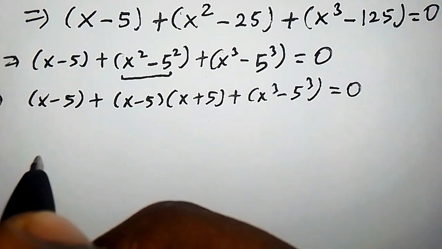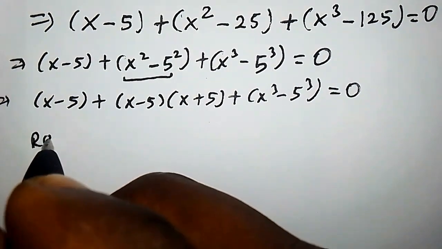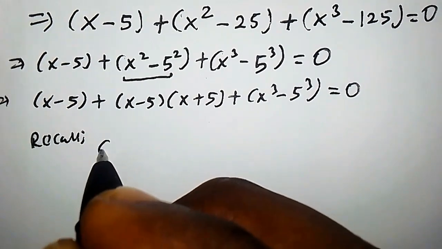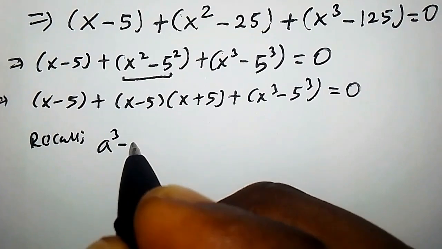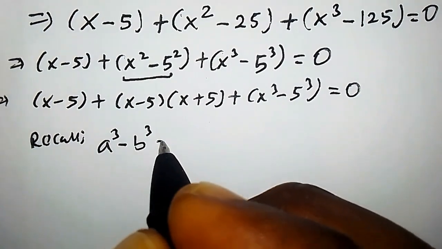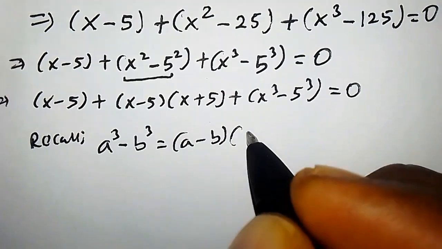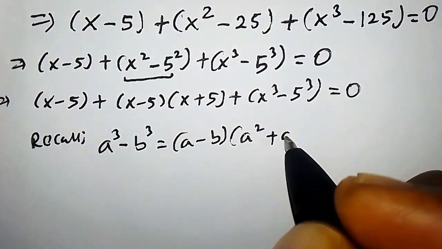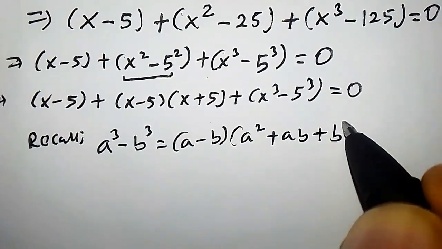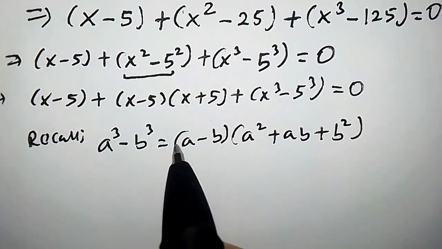Let's continue. Now, recall that a to the power of 3 minus b to the power of 3 is equal to (a minus b) times (a squared plus ab plus b squared). Take note of this identity.